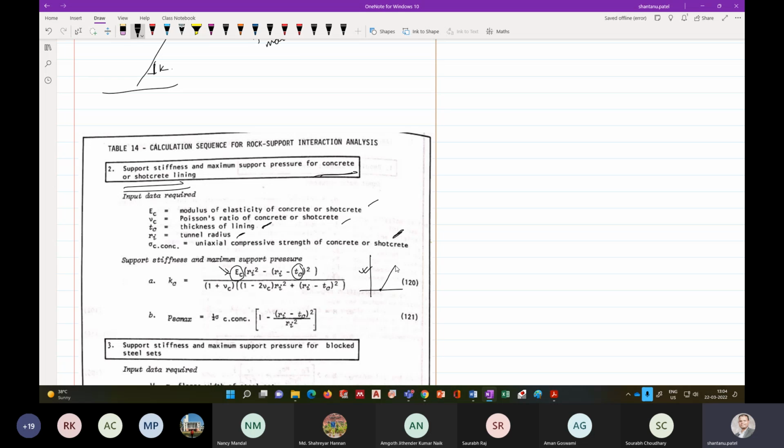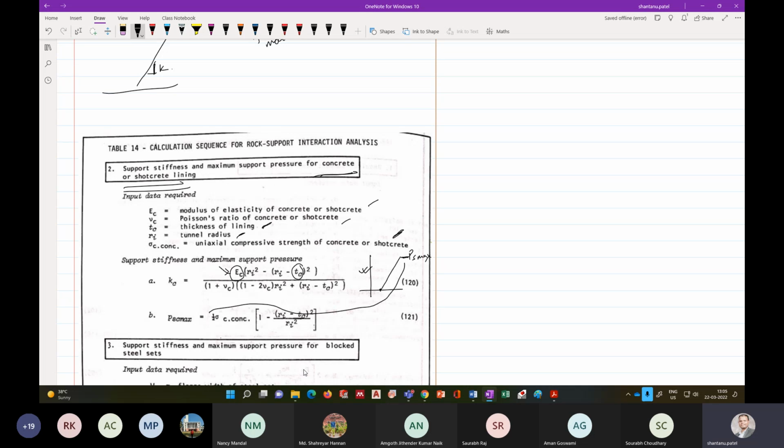Okay, so once you know that, I have a straight line going like this, and the peak value is given by PS maximum. So this PS maximum is your peak value, and given by half of sigma C concrete into 1 minus (Ri minus TC) square over Ra square.